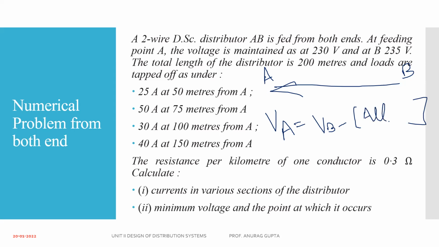All voltage drop means 230 equal to 235 minus all voltage drop. Clear? Now just give me the value of IB. Solve the equation and give me the answer.